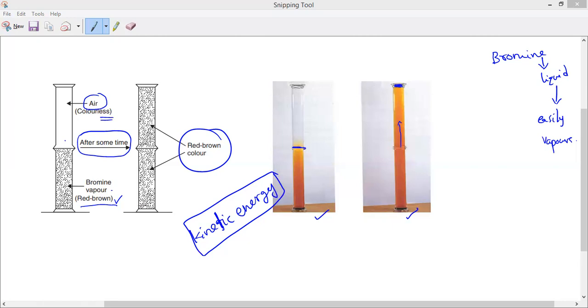Diffusion is a property of matter which is based on the motion of its particles.